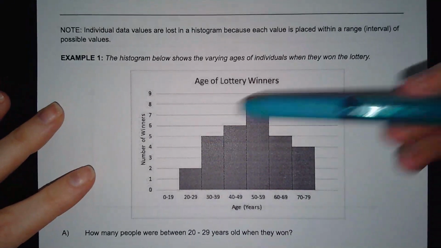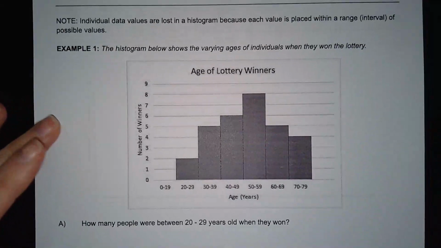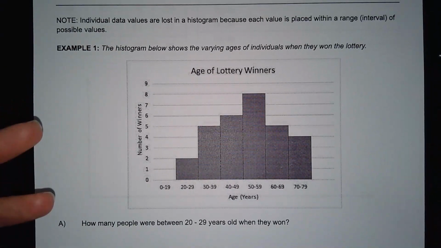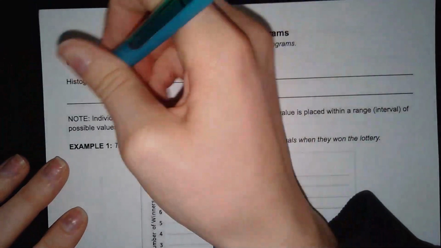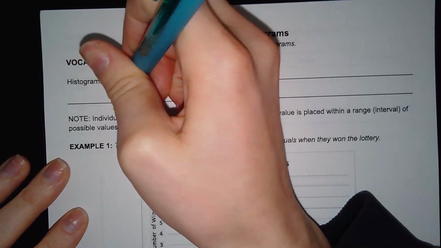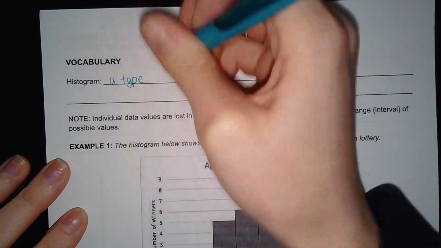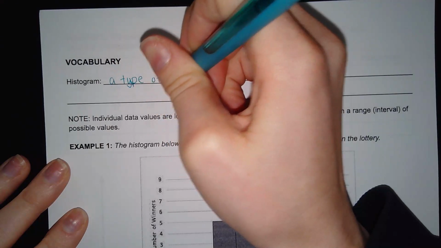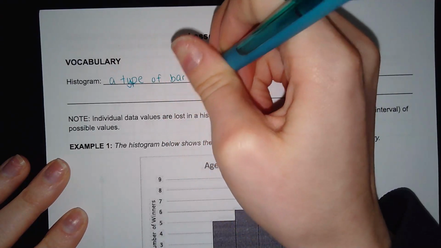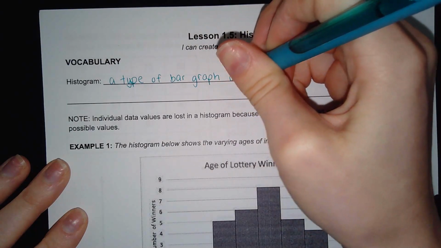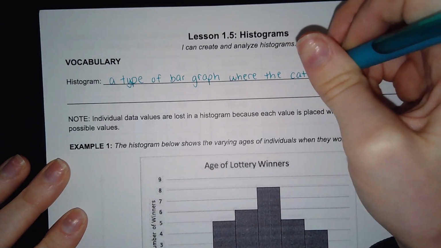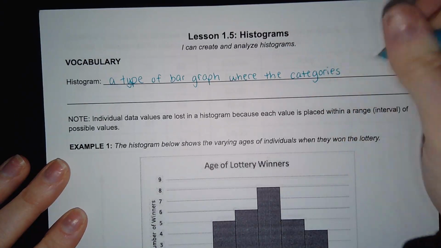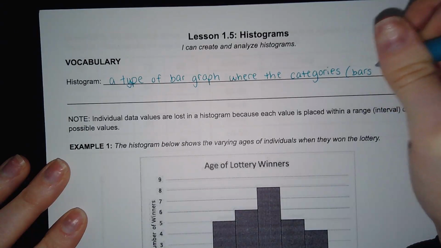Now, here is a picture of a histogram, and you'll notice that this looks really similar to a bar graph. However, there are some differences. So a histogram is a type of bar graph where the categories or bars are intervals.